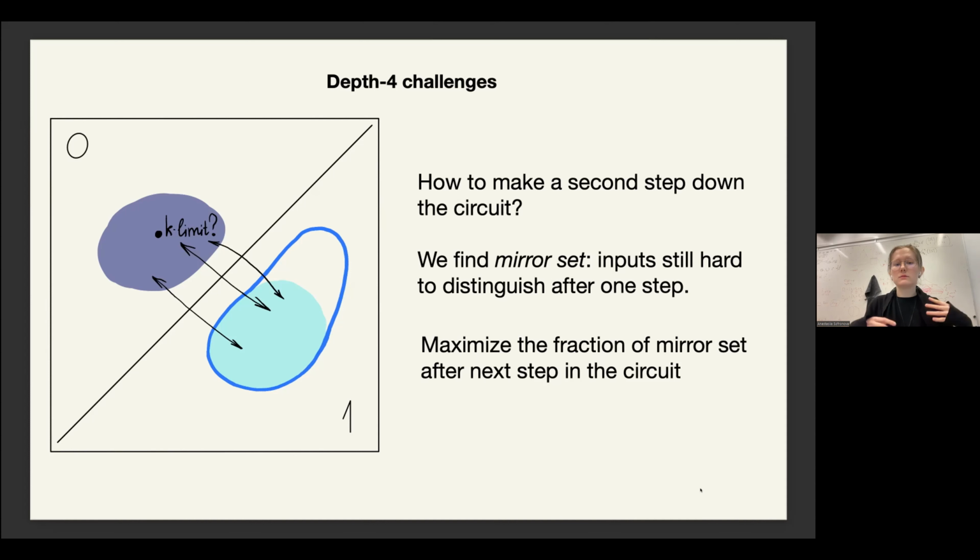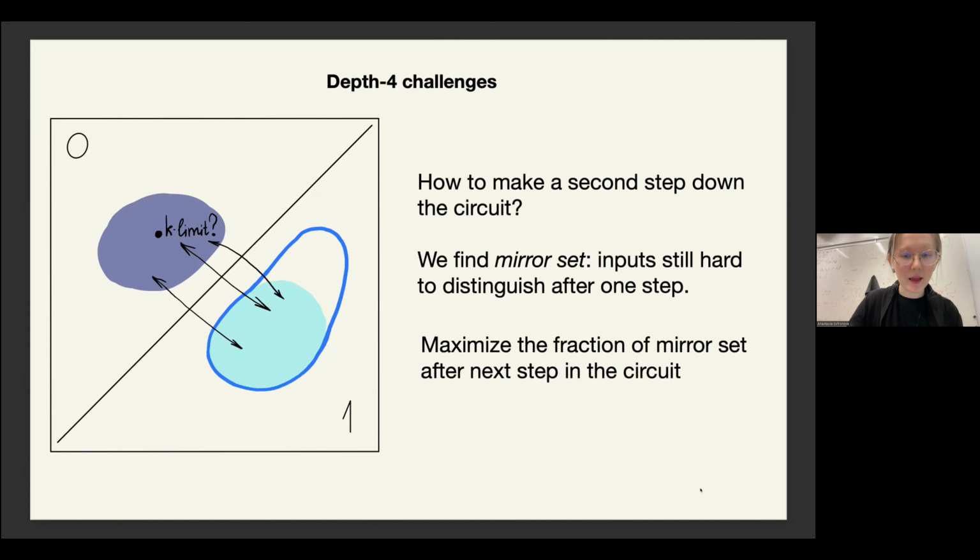And then I want to pick, again, just the biggest chunk of the mirror set. This was also supposed to persuade you that top-down techniques are worth studying, but this is somewhat of an informal note.